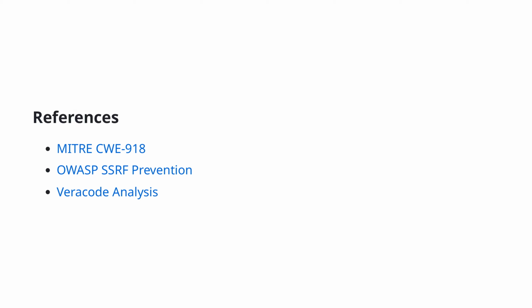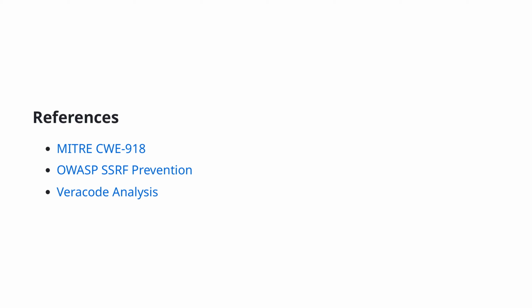For those interested in digging deeper into the topic of server-side request forgery, SSRF, and its prevention, here are some valuable references. First, MITRE CWE-918 provides a detailed overview of SSRF vulnerabilities, including potential impacts and mitigation strategies.